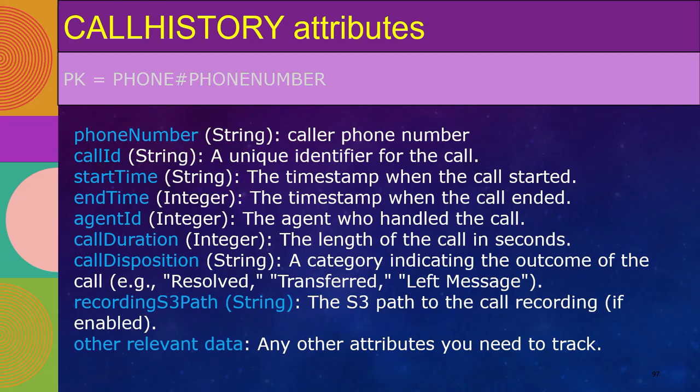But anyway, there's the caller phone number, and there's a caller ID, a unique identifier for the call. I think this might be the contact trace ID, but I'm not sure. But in either case, there's a different caller ID or voice ID. I forgot what this is, but there's different things. You might not need it. I think the last time I was on a project, we weren't even using the voice ID.